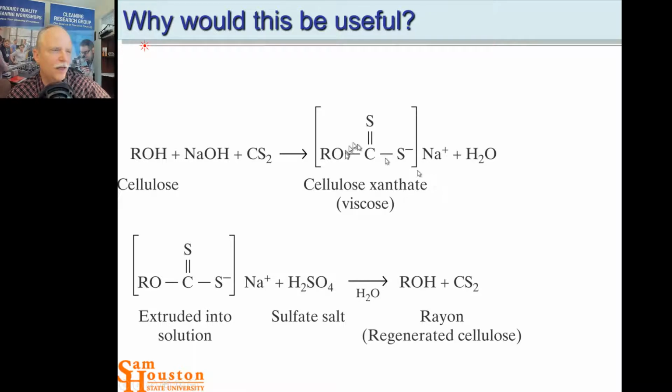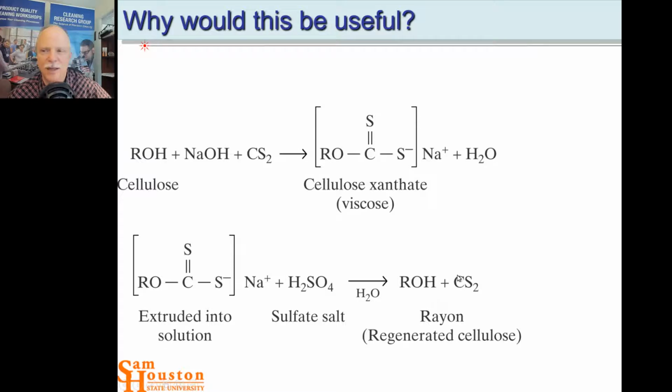Now, this is soluble in water, so it can be extruded into solution, and then you can react it with sulfuric acid and make the sulfate salt, and then you can add in water to hydrolyze that bond again, and then make regenerated cellulose. So what you started with, this ROH and CS2, you end up with in the end: ROH and CS2.